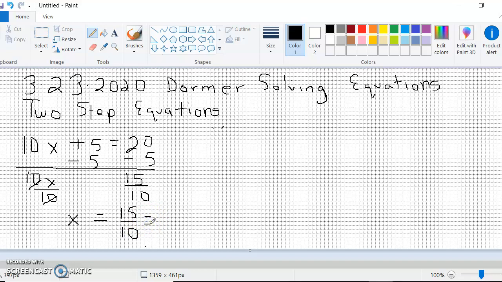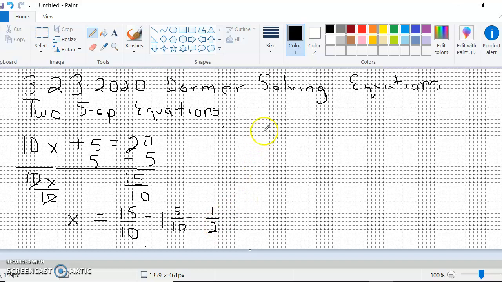I know 10 goes into 15 one time. And then I'm left with 5 over 10. And I can even simplify that even more. Okay, I'll end up with 1 and 1 over 2. 5 goes into 5 one time, 5 goes into 10 two times.